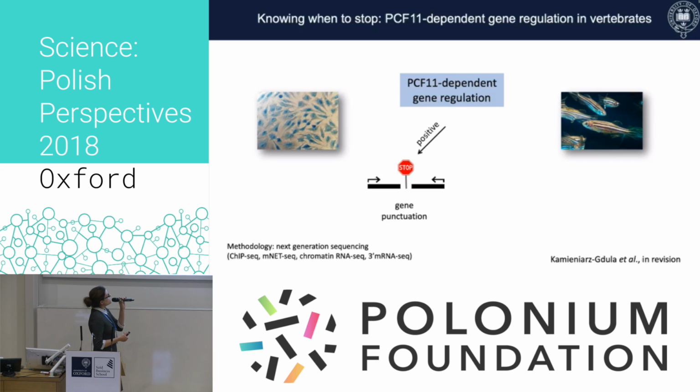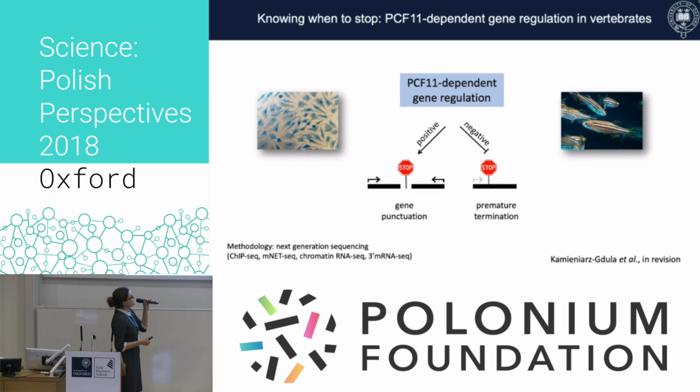So this is something that positively impacts transcription. But what was actually very surprising to us is that there's a subset of genes where PCF11 is doing a weird thing. It's actually prematurely stopping transcription before it reaches the end of the gene. So this, of course, leads to downregulation of such genes. They cannot be as active anymore.